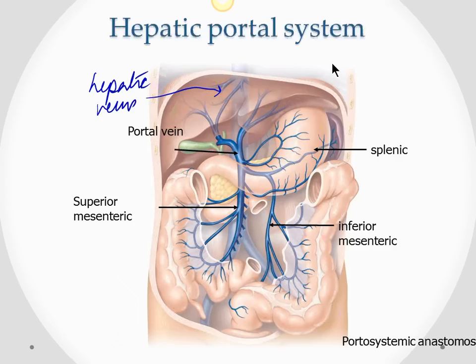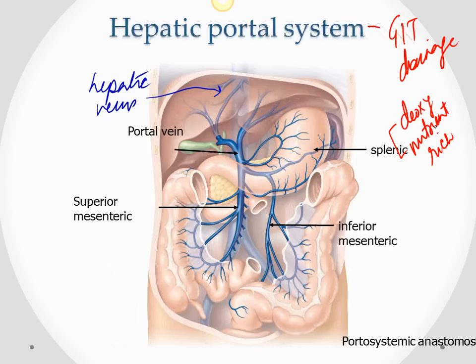This is the drainage of the GI tract. So hepatic portal system is the GI tract drainage. And if you remember, I said that from the gastrointestinal tract, all the nutrition was absorbed into the blood. So it goes into the veins. So the veins of the GI tract have deoxygenated blood, but it's nutrient rich.